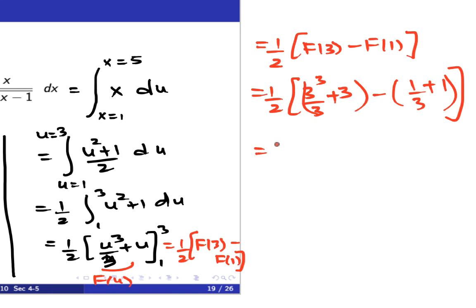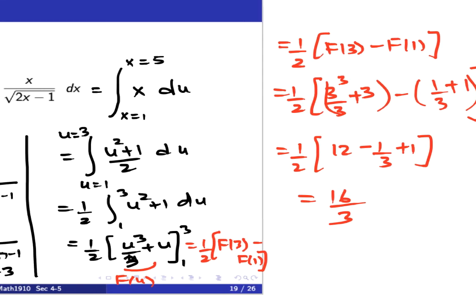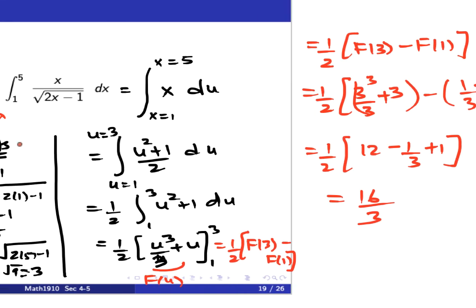Which is half. So that 3 cancels out. It is a 9 plus 3, a 12. And then it is minus 1/3 plus 1. And when you do the math over here, the total equals 16 over 3. So this expression, guys, the integral from 1 to 5 of x over the square root of 2x minus 1 dx, is now equal to 16/3.